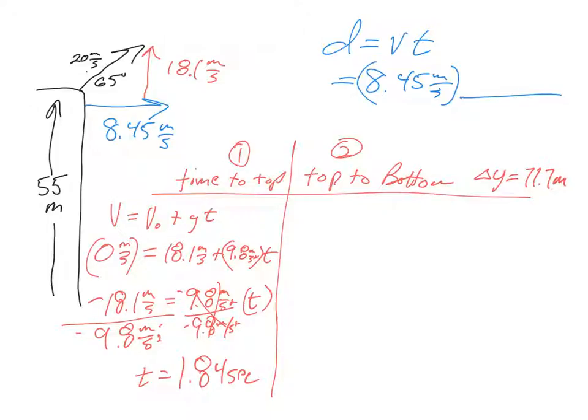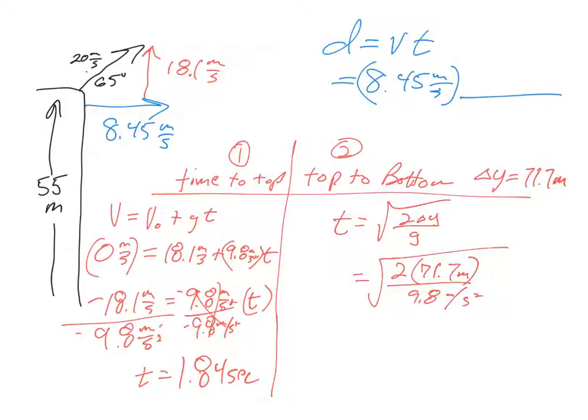So I can use t equals square root of 2 change in y over g. 2 times 71.7 meters divided by 9.8 meters per second squared, square root answer.